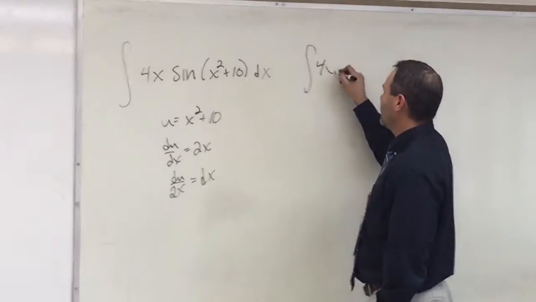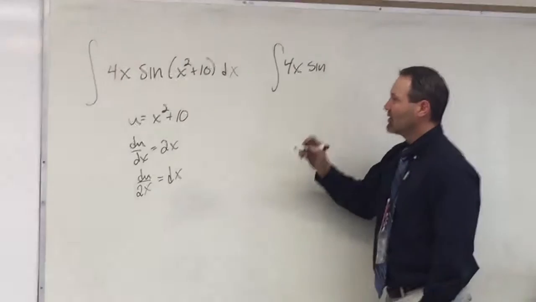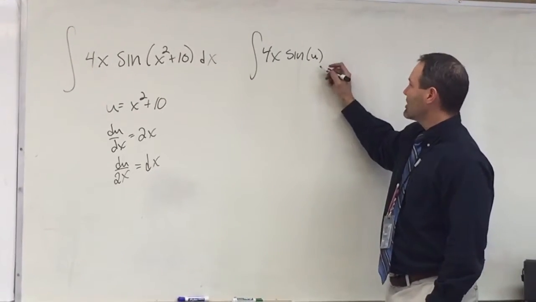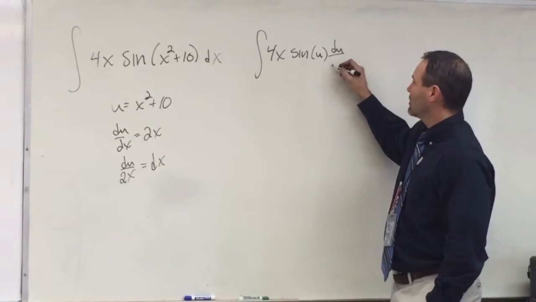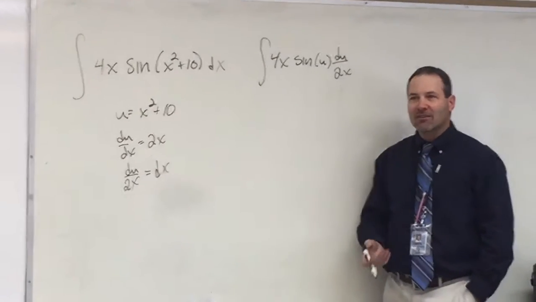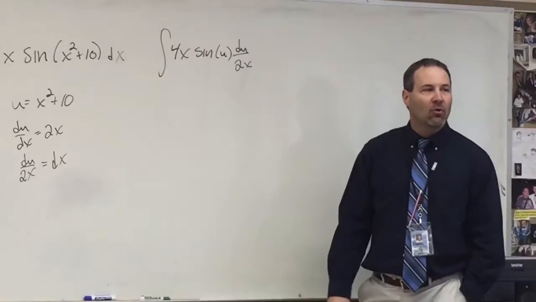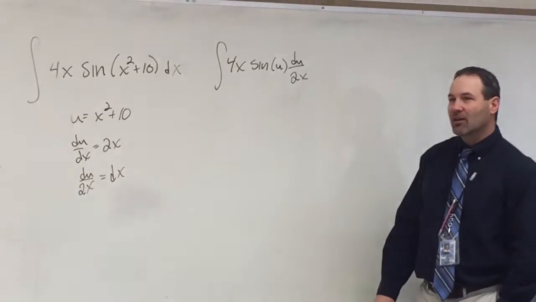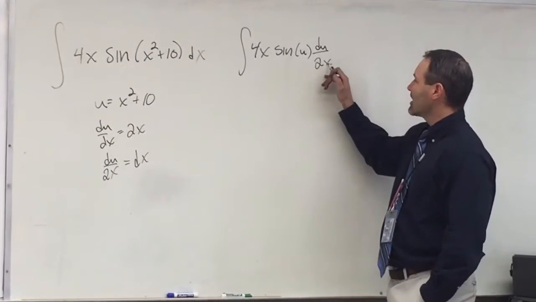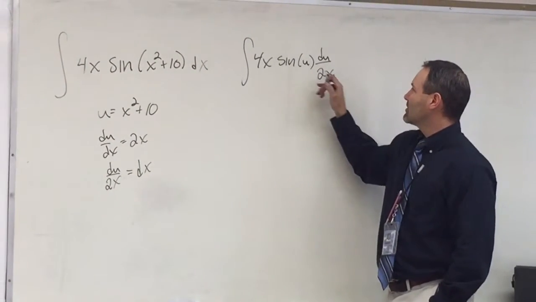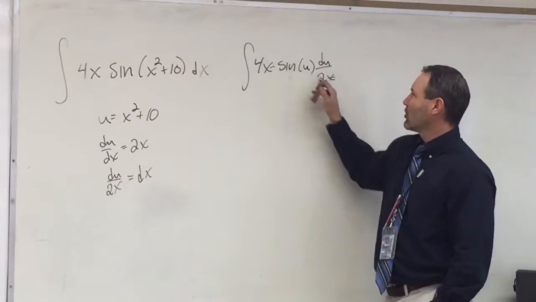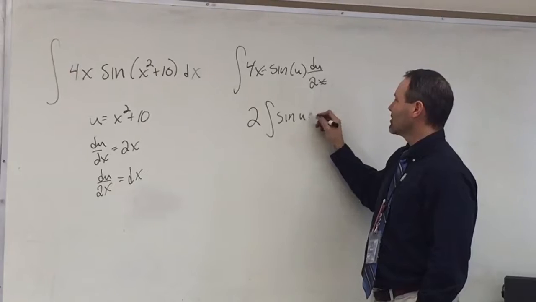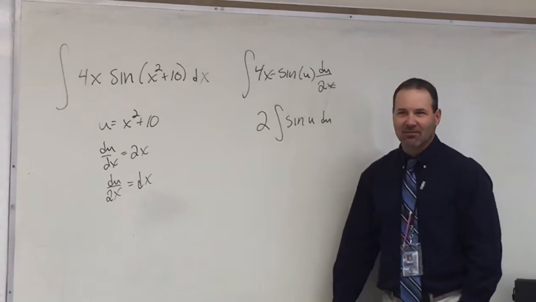So it's the integral of 4x sine of u times dx, which is du over 2x. Now our integral can't have more than one variable, but luckily the x's cross off, and 4 over 2 is 2, so it simplifies to 2 integral of sine u du.